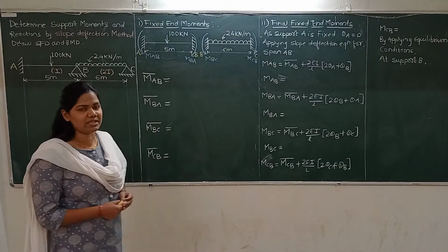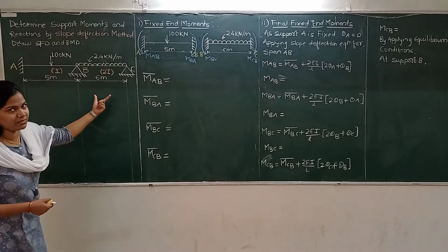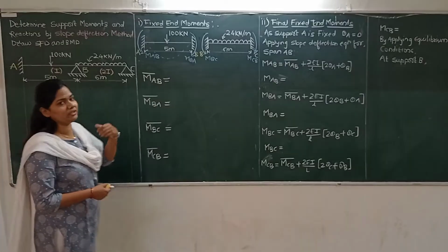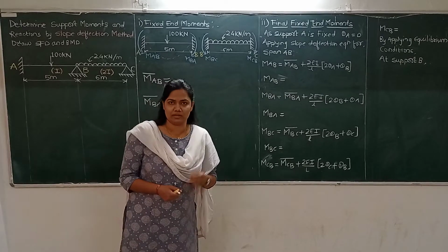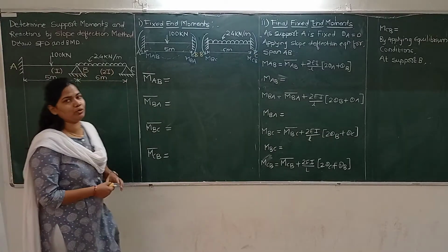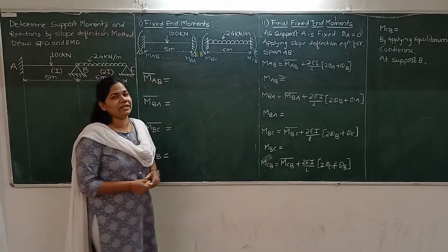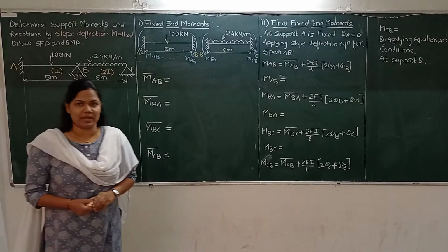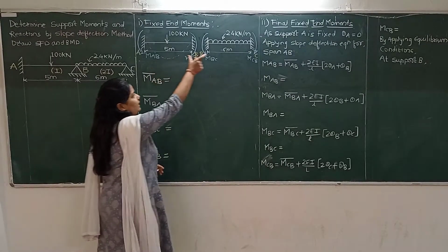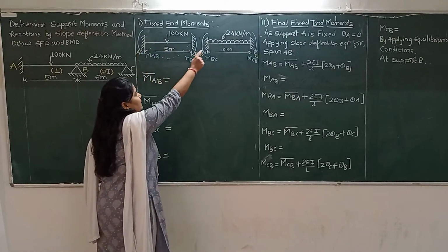So very first, in this method, you have to separate out the spans of this beam, span AB separately and span BC separately, and you have to apply fixed supports at every support, that is at A, B and C. So the first step is to find the fixed end moments of spans AB and BC.